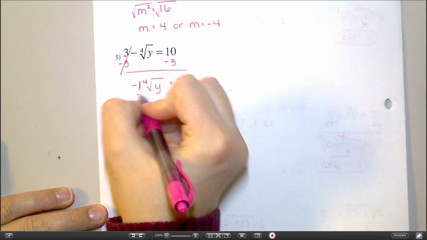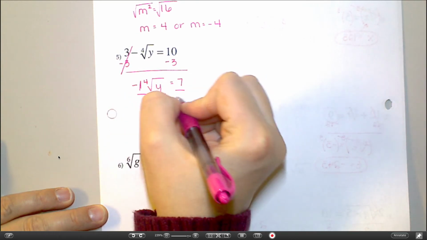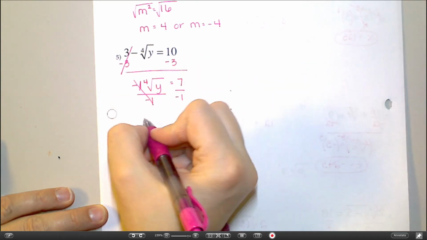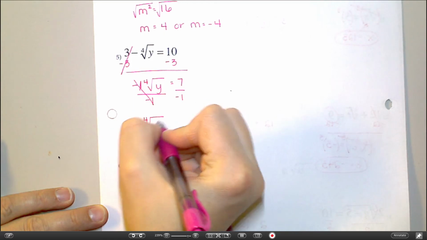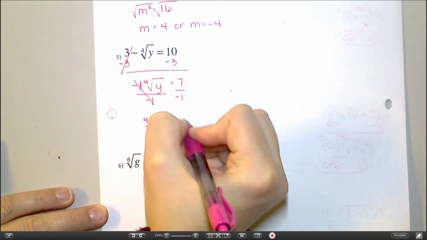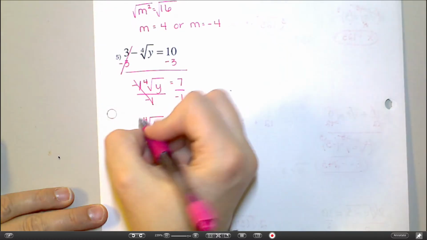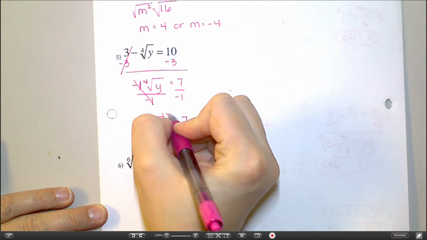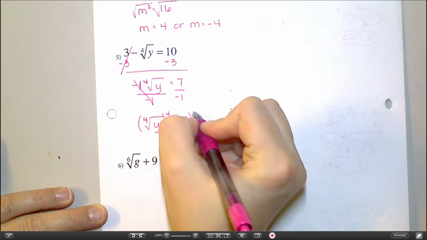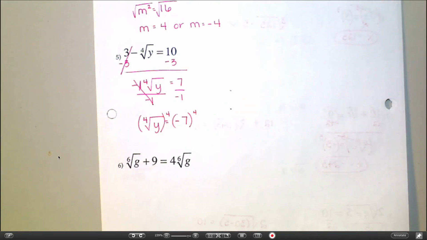I would divide by that negative 1. So now I have the 4th root of y is equal to negative 7. And now to get rid of that 4th root, let's raise to the 4th power. So we need negative 7 to the 4th power. Please make sure to put that negative 7 in parentheses.